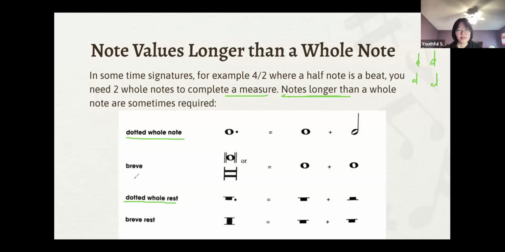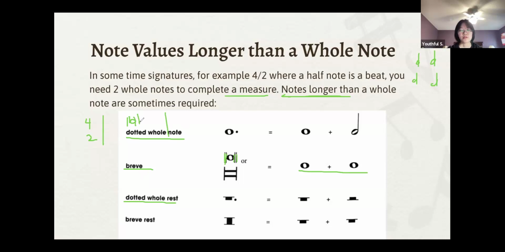And then the breve: you can have lines around a whole note. That means breve, and it is just 2 whole notes together. So it would be 8 beats. If you needed to fill a whole measure of 4/2 time, you can just write a breve like that.